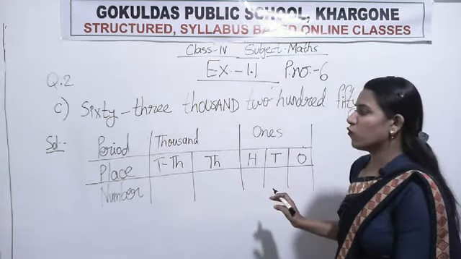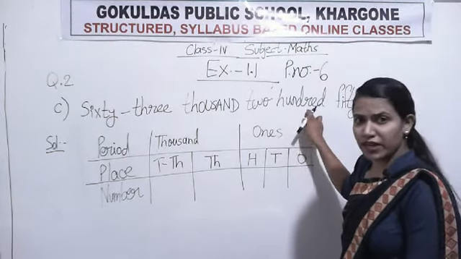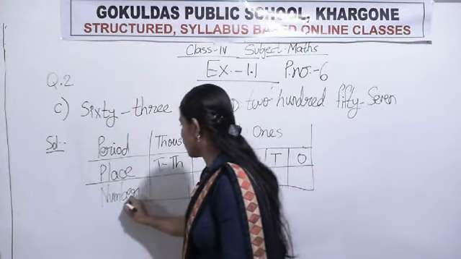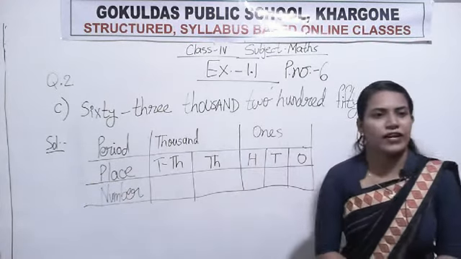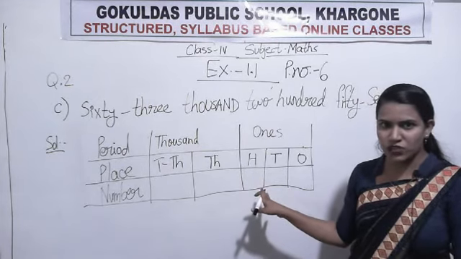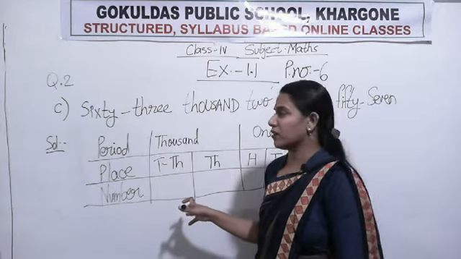Okay, now what you have to do? You have to use this number name to write the number. Okay, so let's start. We have done the first step. We had made the place value chart. Now we are going to write the number.